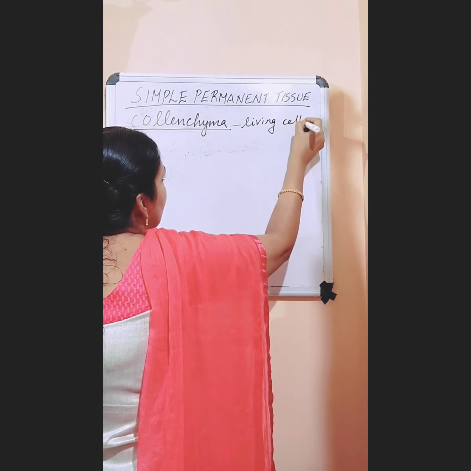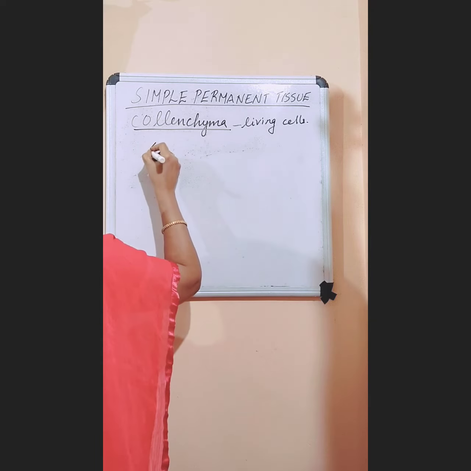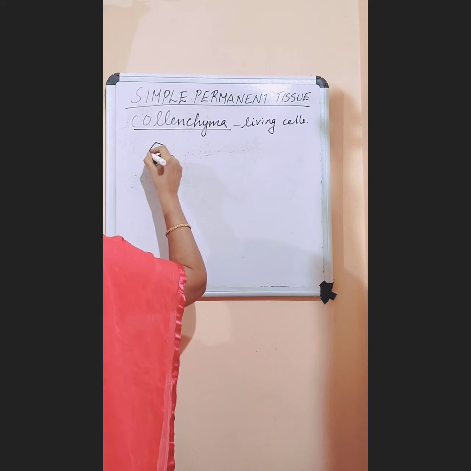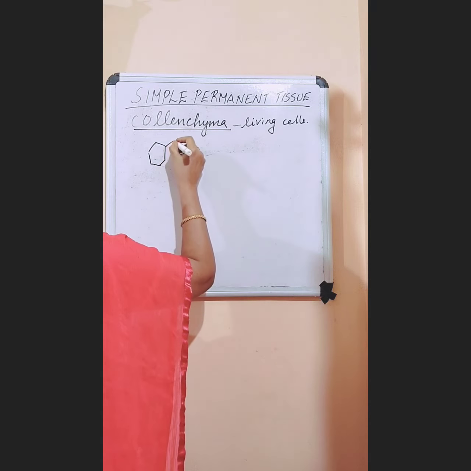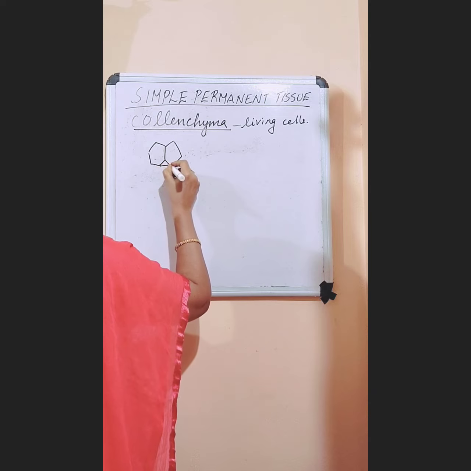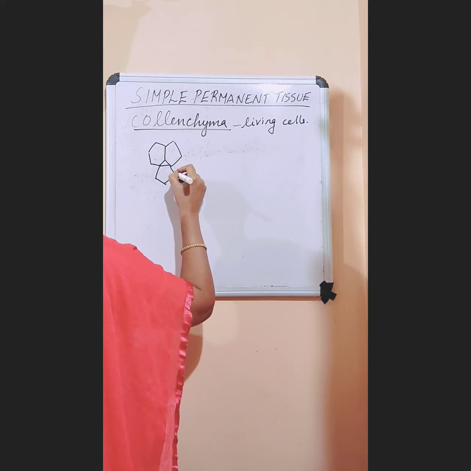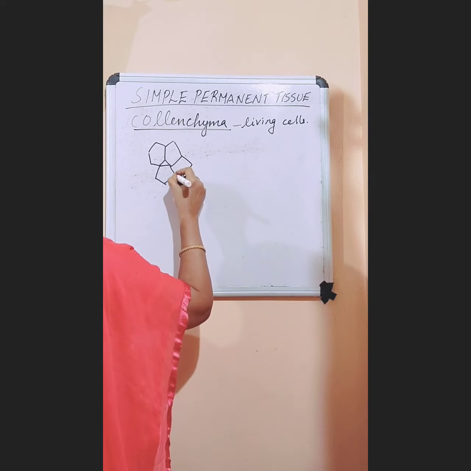So parenchyma and collenchyma are living cells, and they are arranged with little intercellular space.